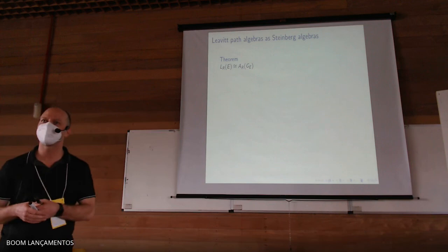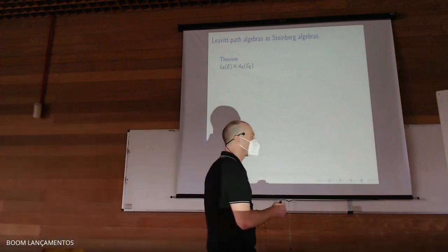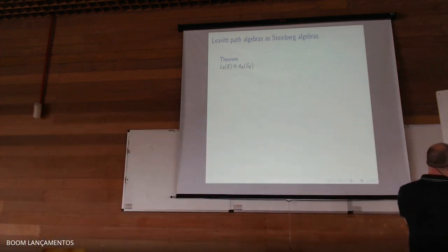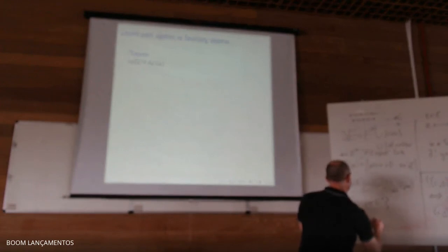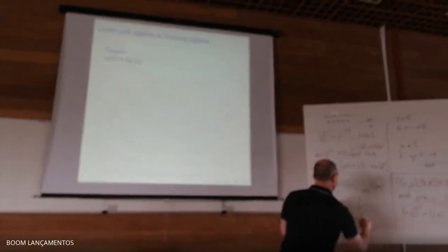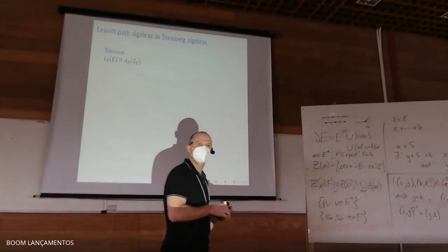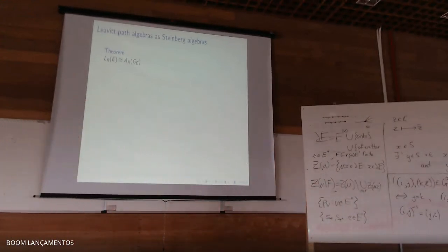So you've got a graph, and then you look at the algebra generated by projections indexed by vertices and S_e, S_e star, where e is an edge, subject to some conditions, and she went into detail about why we have to impose these conditions to get some smaller algebra that we can work with, right? So once again, the Leavitt path algebra is an algebra constructed from something that is very combinatorial in nature. It's a graph.